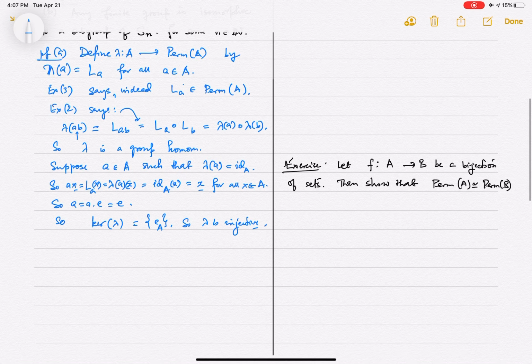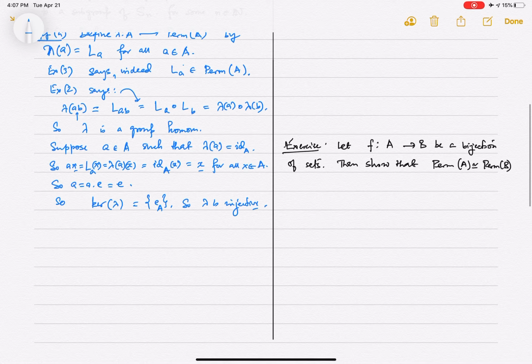And now that you know that lambda is injective, consider the map lambda as a function from A to the image. By that I mean lambda of A, which is now, I know, a subgroup of perm A, because we proved that the image of a group under a homomorphism is a group on the right hand side. Well, it was left as an exercise, I suppose, but we stated this theorem.